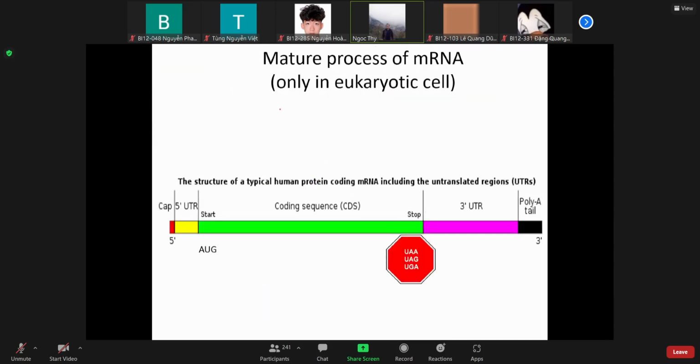The typical structure of the mRNA is in the slide you can see here, with the 5' cap, the 5' UTR, the coding sequence, which codes for protein, and the 3' UTR.